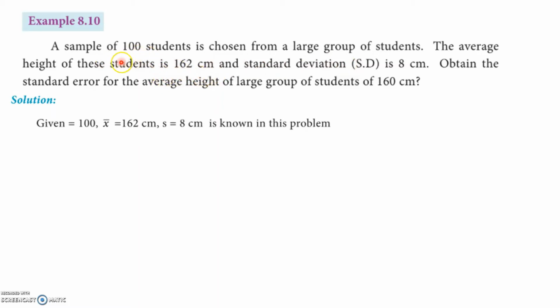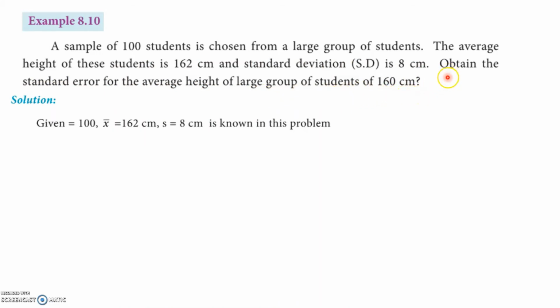So of the 100 students, you added all the heights and divided by 100, and you got 162, which is the average. Then the standard deviation is 8 centimeters, which means the way in which the data deviates from the mean is 8 centimeters. Obtain the standard error for the average height of a large group of students of 160 centimeters.